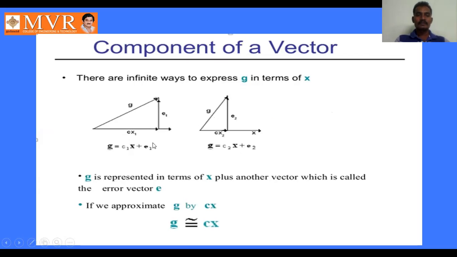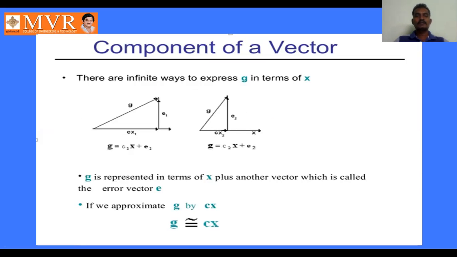Here e1 and e2 are called error functions or error vectors. So g equals cx1 plus e1, and g equals cx2 plus e2. g is represented in terms of x plus another vector which is called the error vector.